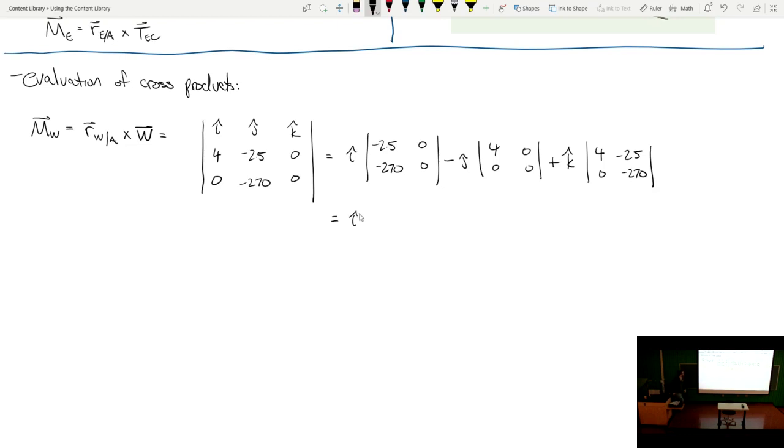All right, so this one is going to be 0, this one 0, and this one we're going to have that times that. So 4 times 270 minus 0.